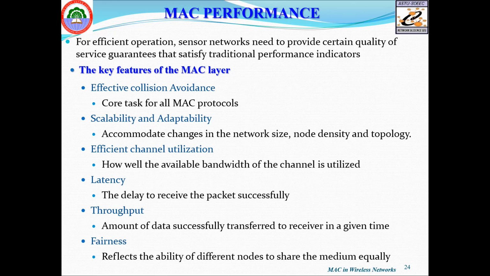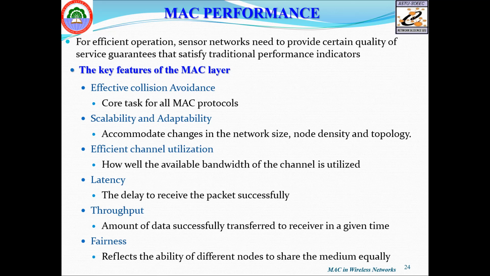Collision avoidance is very important. The second factor is scalability and adaptability. Scalability is how well the MAC protocol we are designing will accommodate changes when we increase the network size.